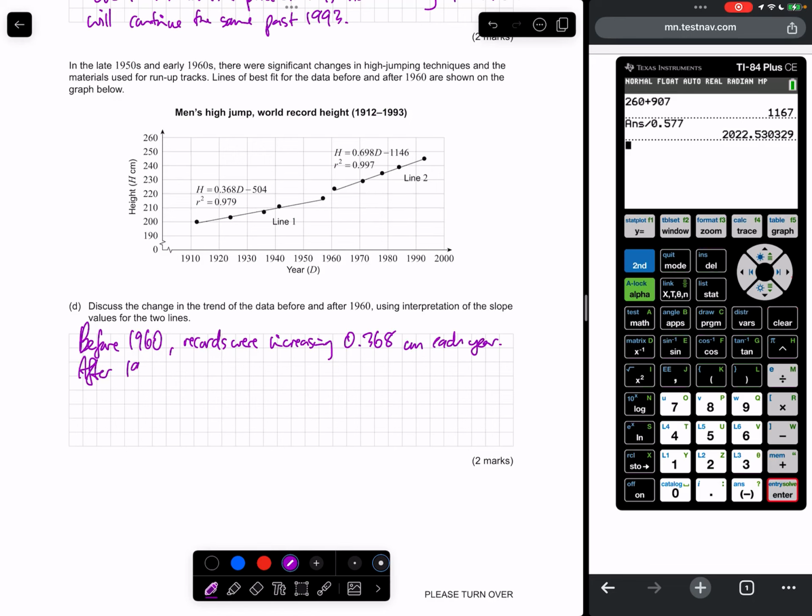After 1960, records were increasing 0.698 centimeters each year.